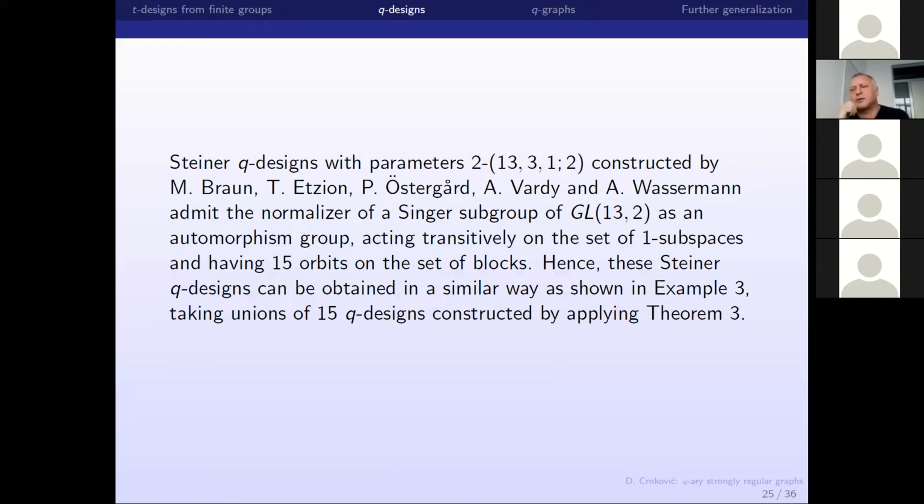So we can actually construct 15 of these 1-designs and combine these 15 1-designs, and again construct that. Actually, it is not one Q design. They constructed a lot of examples with these parameters, so we can obtain these examples also using that theorem 3 that way.